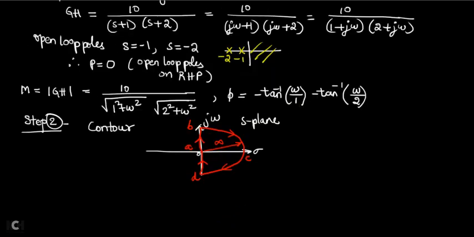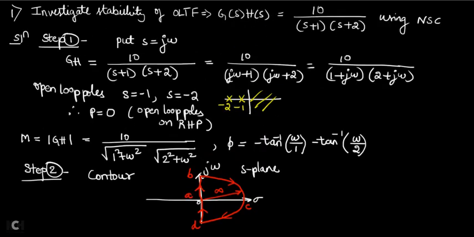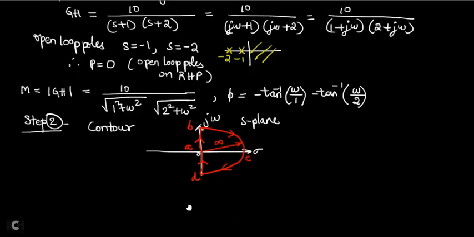Because you have to take the entire right hand side as your Nyquist contour, and there are no open loop poles present on the imaginary axis or on the origin. That is why I have taken the complete imaginary axis and then the entire RHP as your contour. This is the contour you have to take, A, B, C, D. For all problems you have to take it like this, if there are no open loop poles present on the origin and j omega axis.